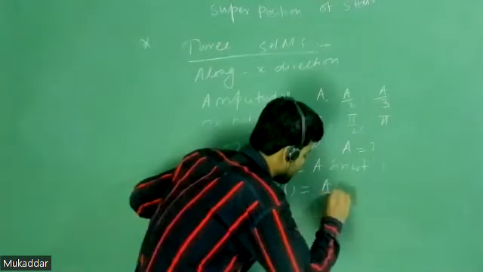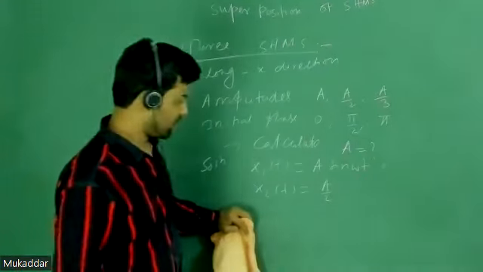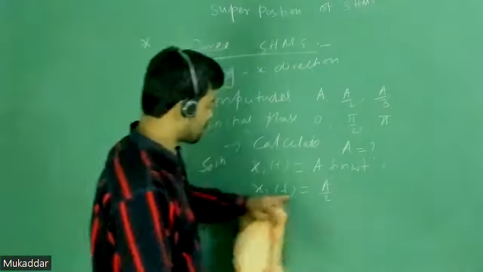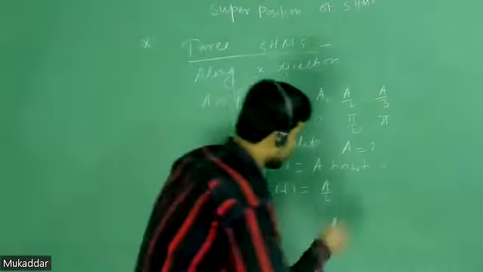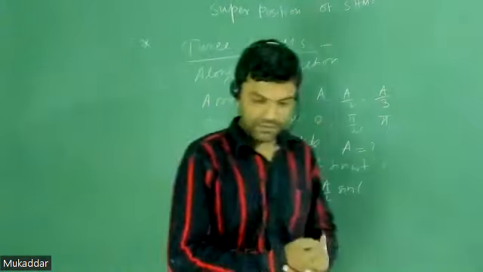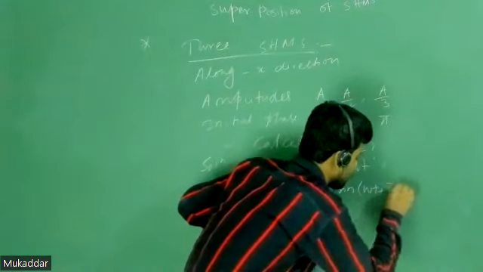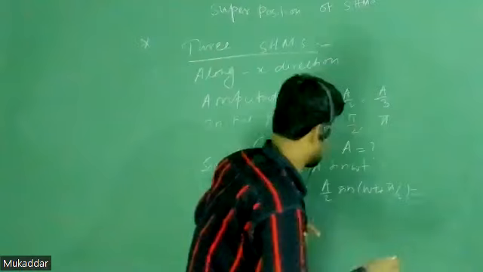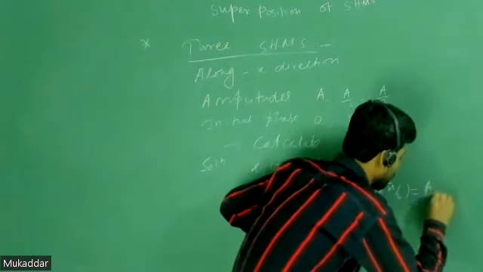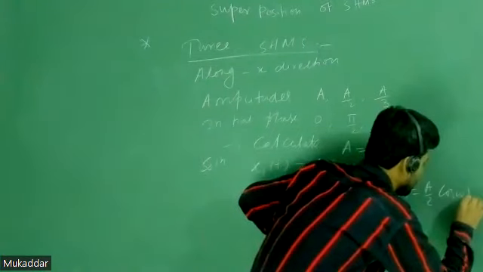The second will have A by 2, then sine of what will it be, Puneet? Sir, omega t plus pi by 2. Exactly, so omega t plus pi by 2, and that will be A by 2 cosine of omega t.